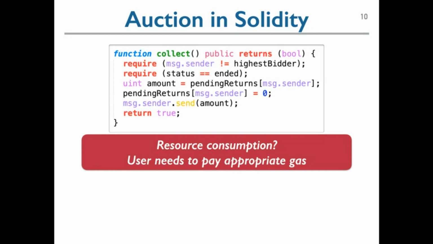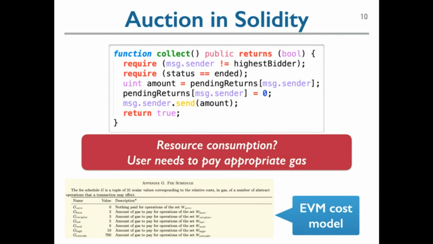And so you need to somehow statically estimate this resource cost. And currently the way to do that is by referring to the EVM cost model, which specifies the gas cost of every EVM bytecode instruction.